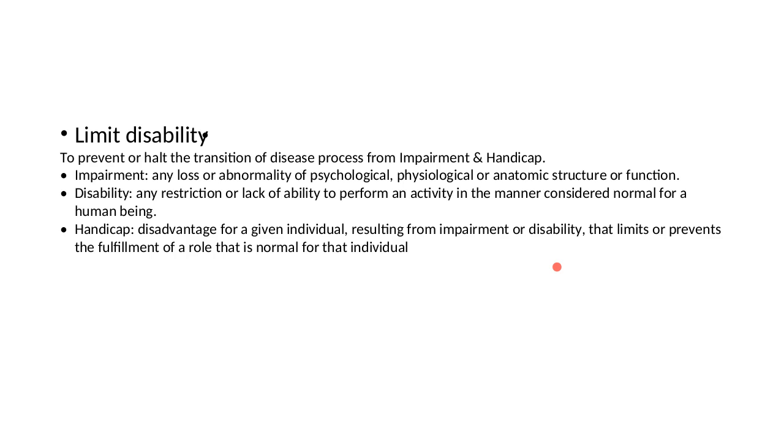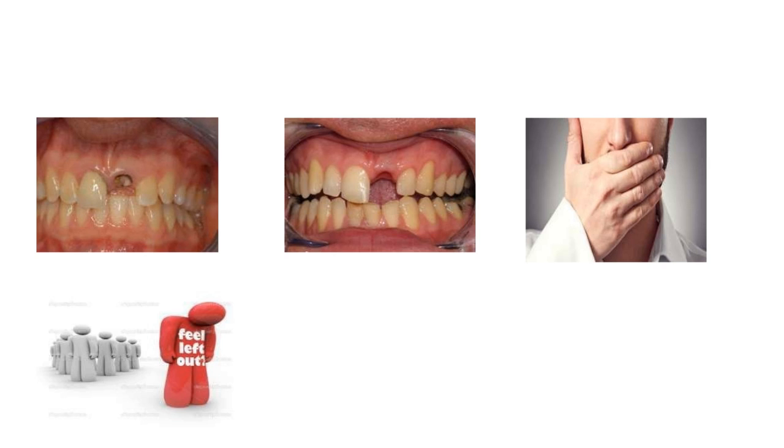That person is handicapped, because handicap is a disadvantage for a given individual resulting from impairment or disability that limits or prevents the fulfillment of a role that is normal for a normal human being.